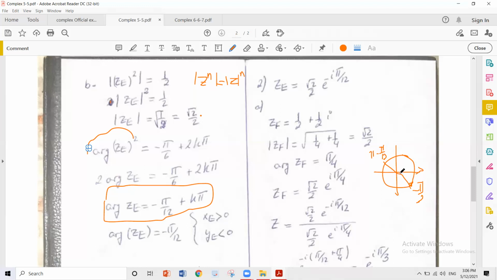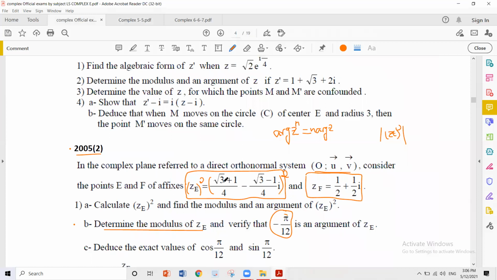To know which one: in this region x is positive, y negative. In this region x is negative, y positive. Looking at ZE, what is the x of ZE, positive or negative? Positive.